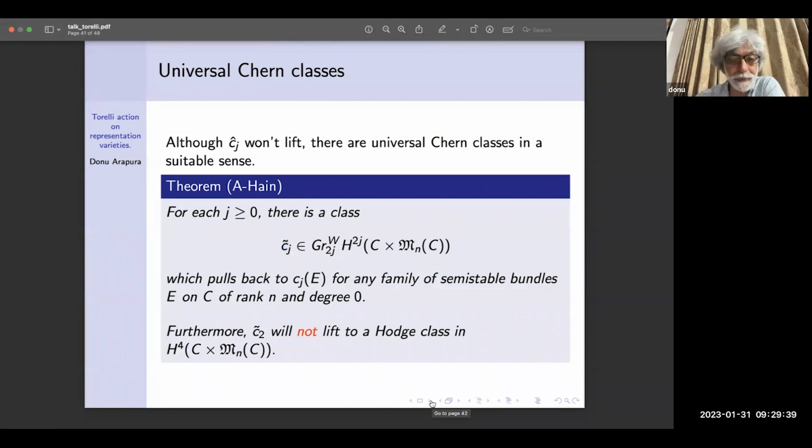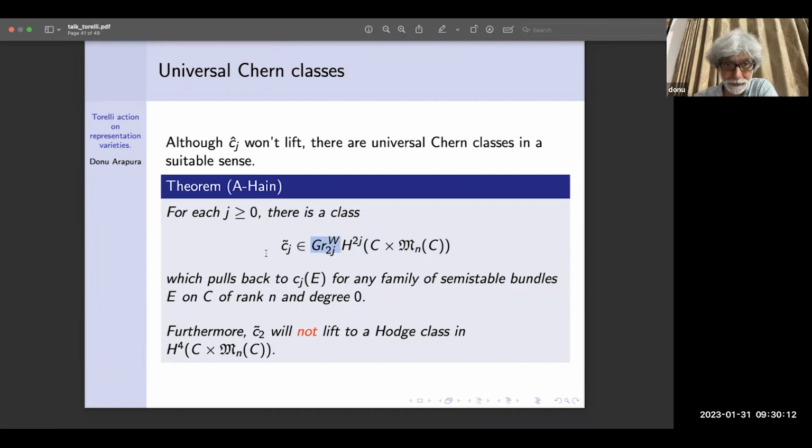So this last furthermore will make more sense if I had said these classes are actually Hodge classes. You have to imagine, I'm doing this on a blackboard, the map from the cohomology H2J to this quotient is surjective, right?